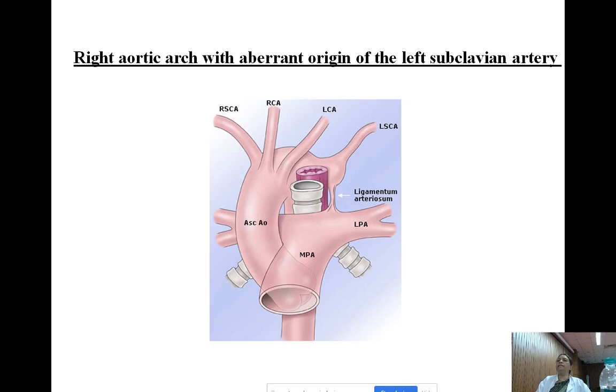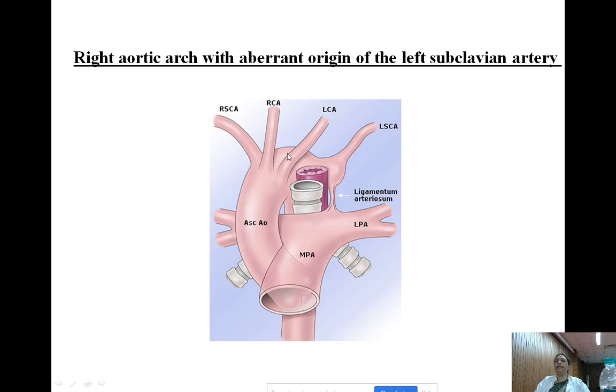Then another is the right aortic arch. When the left fourth aortic arch disappears and the right fourth aortic arch is present, then the aortic arch is formed on the right side, and it runs in front of the right bronchus, like the left aortic arch which runs in front of the left bronchus.